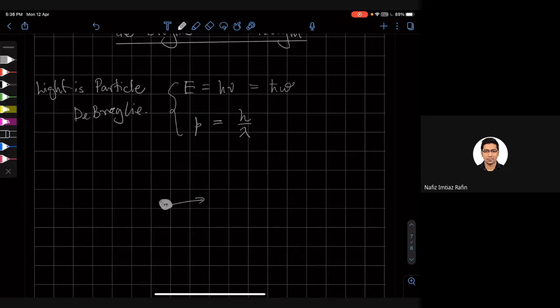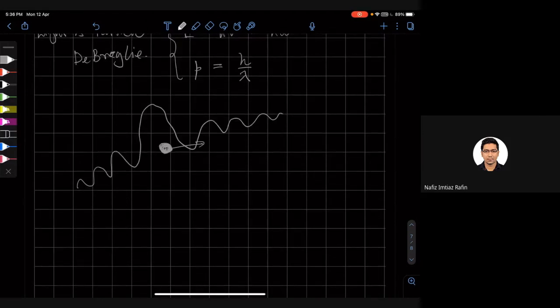What de Broglie said was that there should be some sort of matter wave associated with this proton, with this particle, and one of the phenomena that we associate with matter wave is diffraction, right? Interference, diffraction. So these properties of waves should also be reflected in particle experiments.